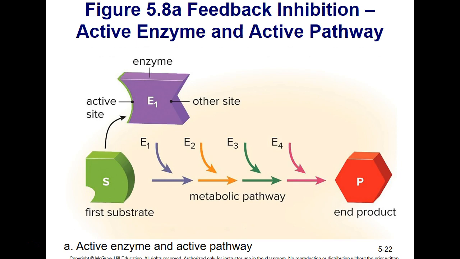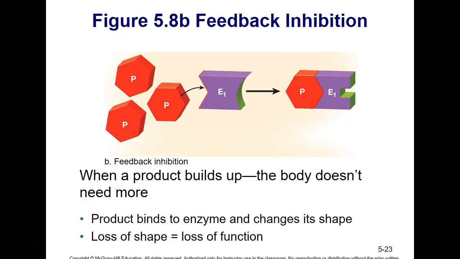So when enough of the product has been created and the body doesn't need any more, what's going to happen? That product is going to feed back and bind to the active site on the original enzyme, change its shape, and of course you can't produce any more product because the shape has been changed.